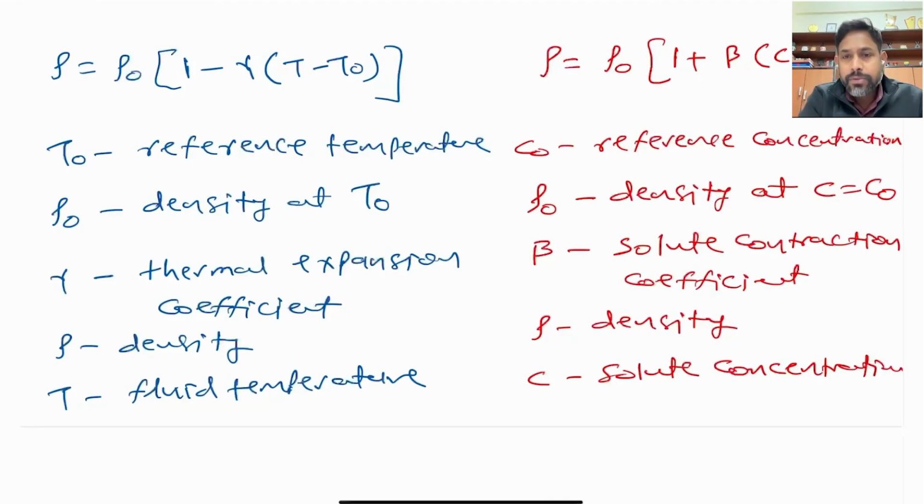Whereas in case of concentration, if you add more and more solute, there is contraction and it becomes denser and denser. That is why in one case we call it thermal expansion coefficient, where density becomes smaller if temperature increases, whereas in the other case, density becomes greater if concentration increases. And that's why in case B, we call it solute contraction coefficient.